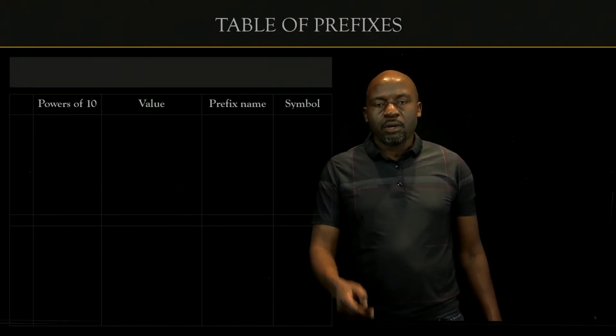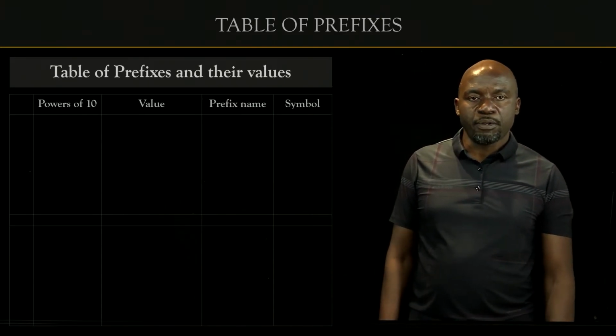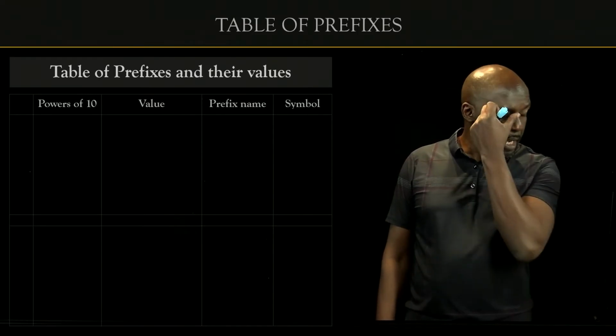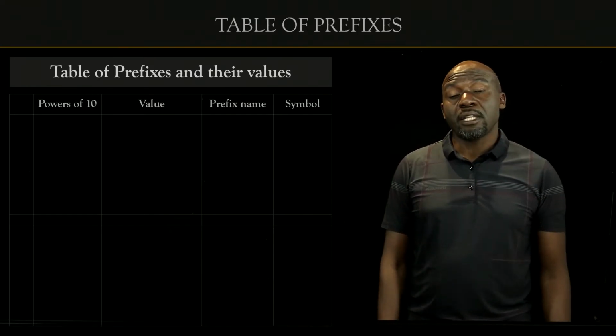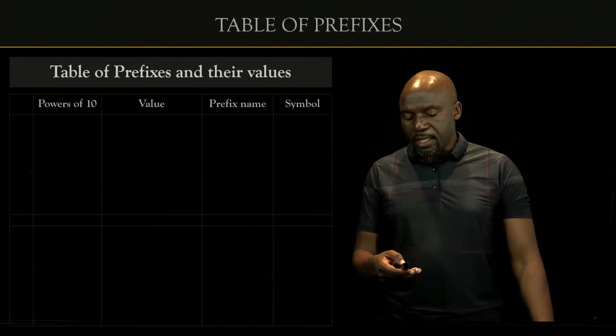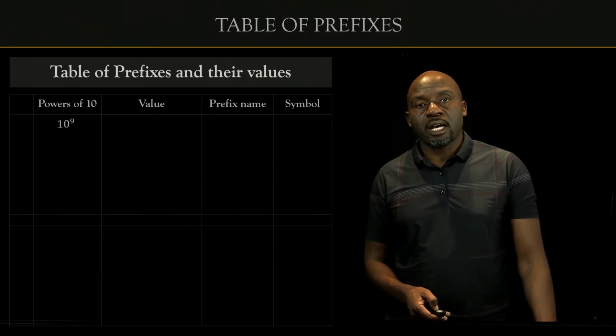Okay, below is a table of prefixes and the values that they represent. You will be required to know these prefixes and the numbers they represent, but there are certain special ones that you truly need to remember. The others are not so much, but some of these here are going to be important.